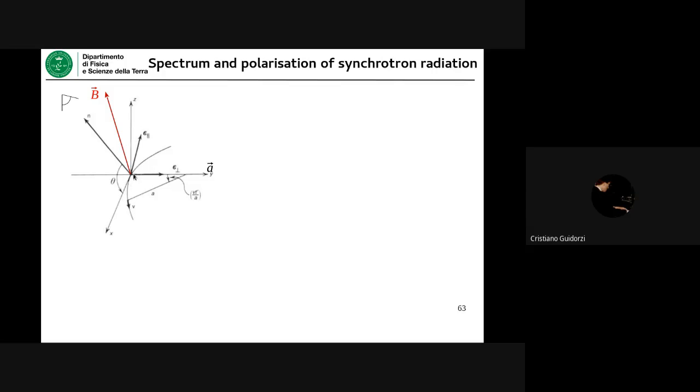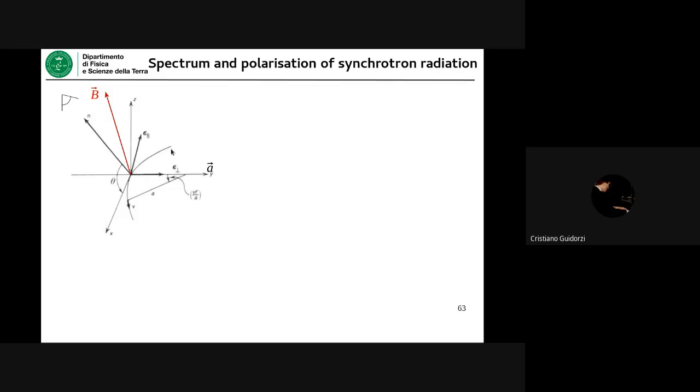You see this curved line is just a portion of the trajectory of the electron. So the trajectory at this point lies on the xy plane, and the acceleration is all the time perpendicular. In this case, we assume the acceleration is along the y-axis, directed this way.